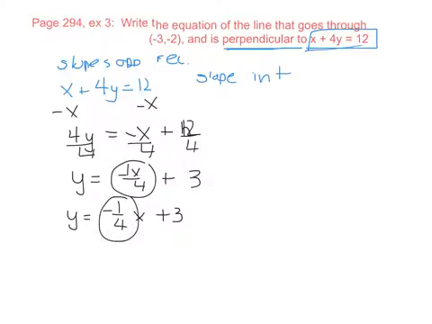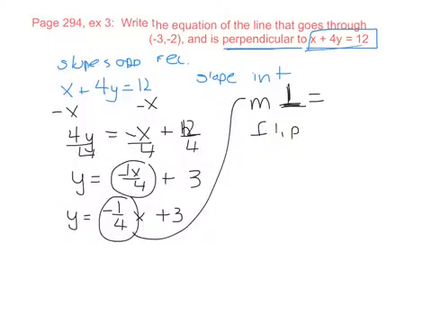Now, the important thing that I've figured out from that equation is that the slope is negative 1/4. So the slope of my perpendicular line, this is the symbol for perpendicular, I'm going to flip negative 1/4, and I'm going to change the sign. So it becomes positive 4.